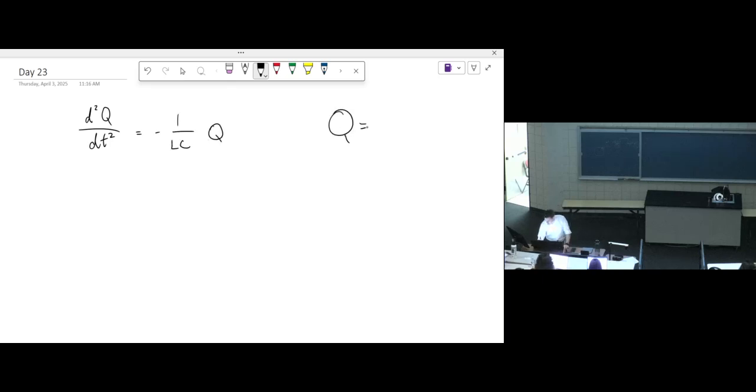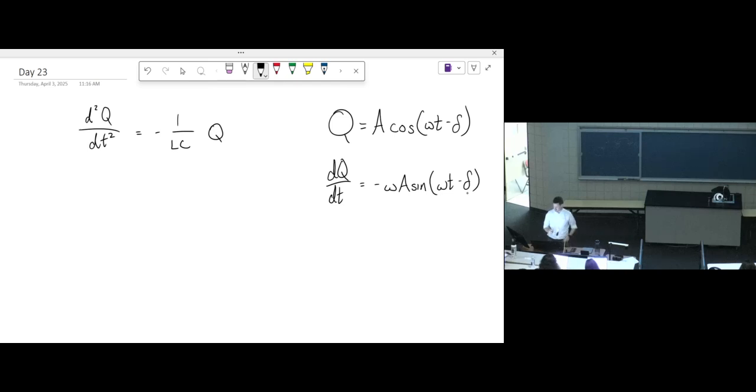And we said that q is going to be equal to a times the cosine of omega t minus delta. And so dq dt is equal to minus omega a sine of omega t minus delta, using the chain rule there.